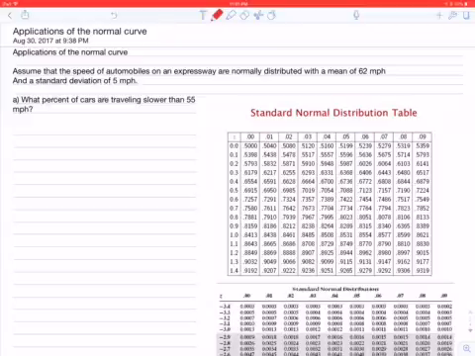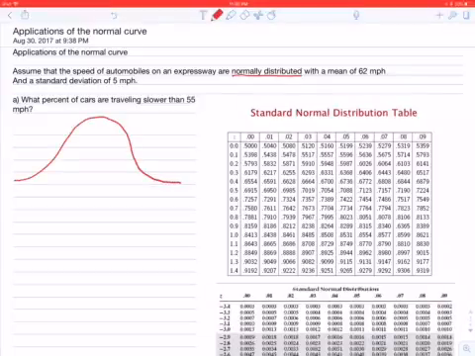All right. Well, we were told that the speeds were normally distributed. So I'll start with that bell-shaped symmetrical curve, and I'll put the mean right in the middle. That's 62 miles per hour.